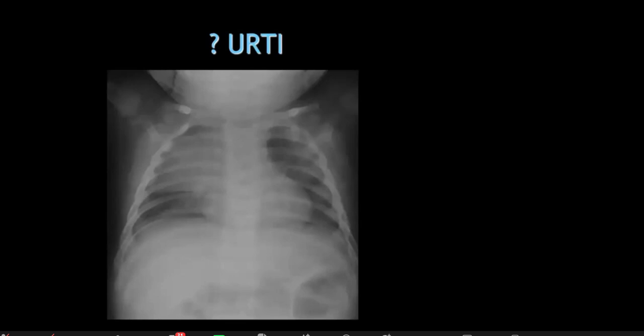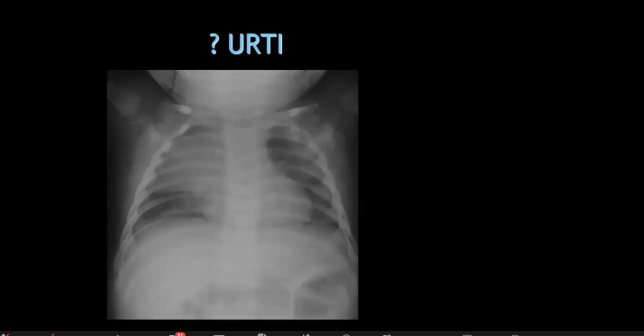I think there is some air bronchogram through the right middle lobe opacity. If that's the case, then the findings are consistent with pneumonia of the right side.